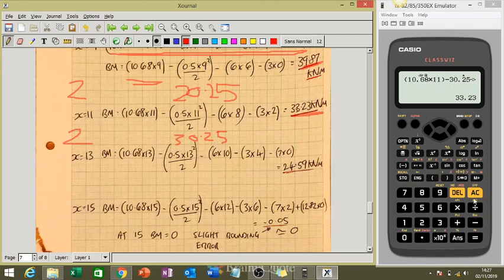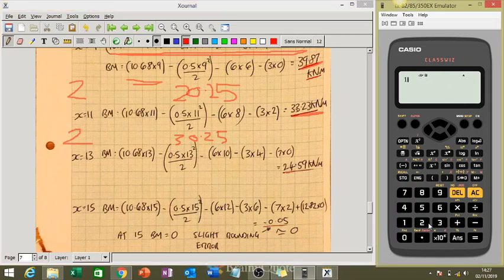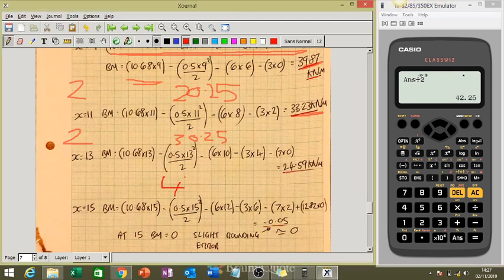So all that, 13 squared times by 0.5 gives me that, divide that by 2, gives me 42.25. Obviously you can stick it all in one go in a calculator.